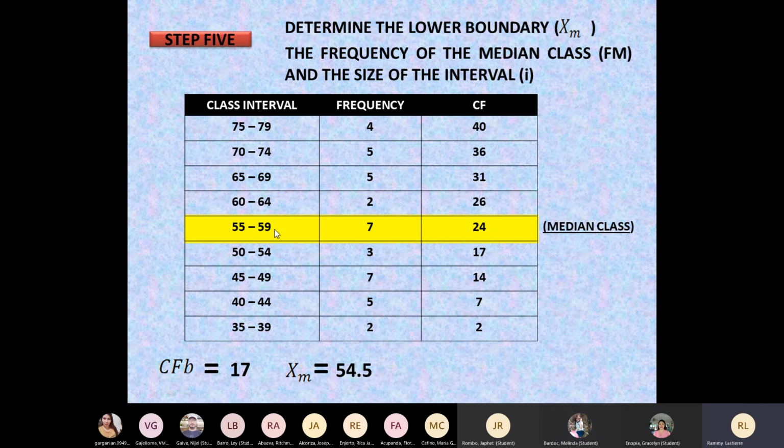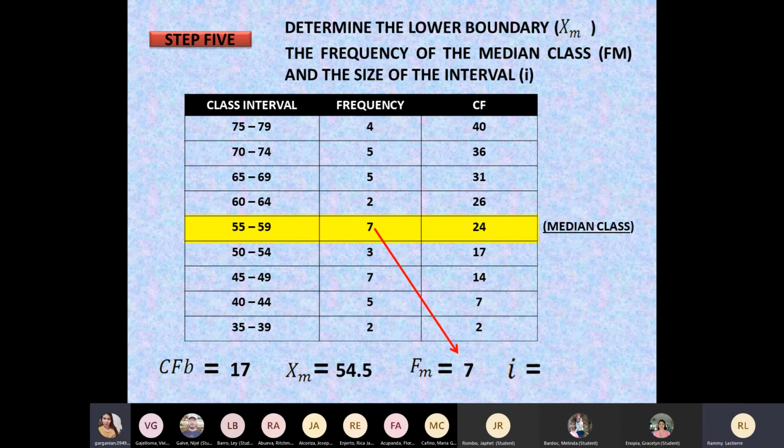Then the frequency of the median class is equal to 7. Now, what is the value of I, the interval? Plus the interval.